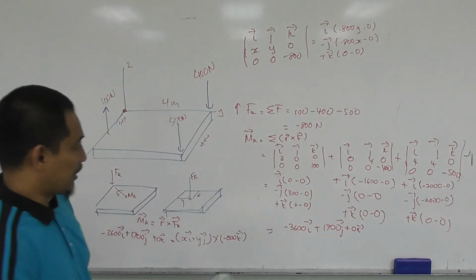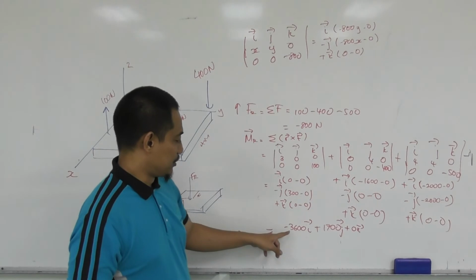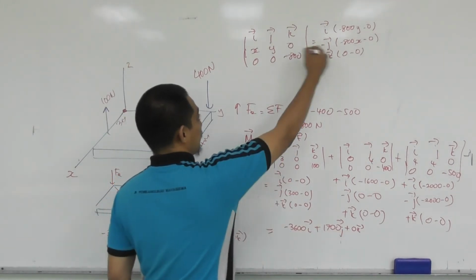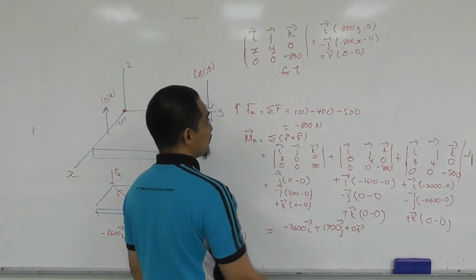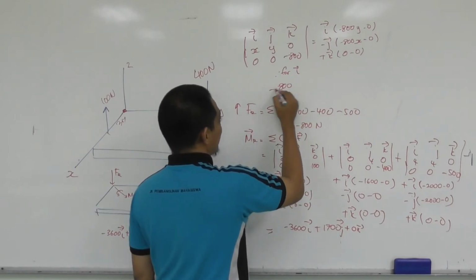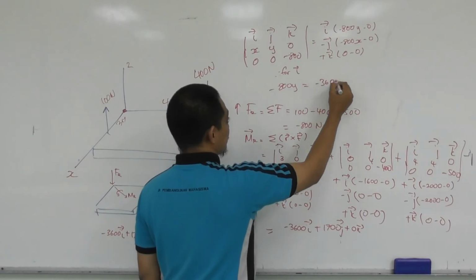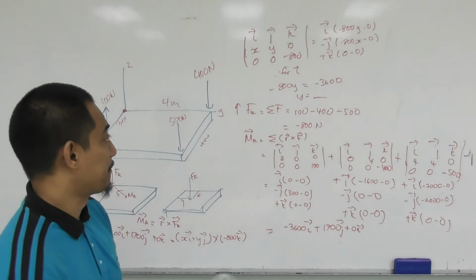If you say that this should equal MR, you already have the values. So for the i or x component, it's minus 800y should equal minus 3600. So y you are able to calculate.